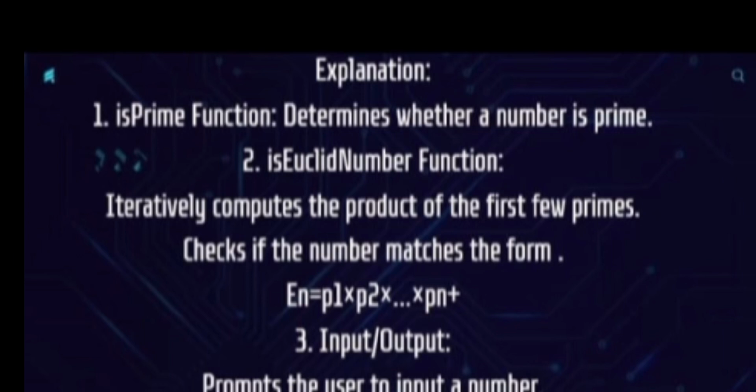That is, it should be of the form En equal to P1 into P2 and so on Pn, whole plus 1. And the third is input and output. The input function prompts the user to give a number as input, and the output gives yes if it is a Euclid number, and otherwise it gives no.